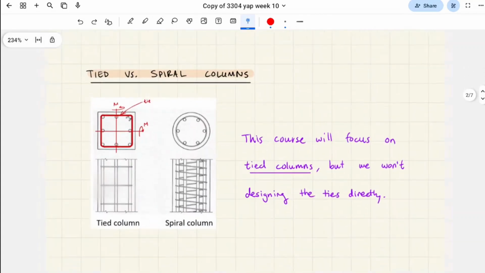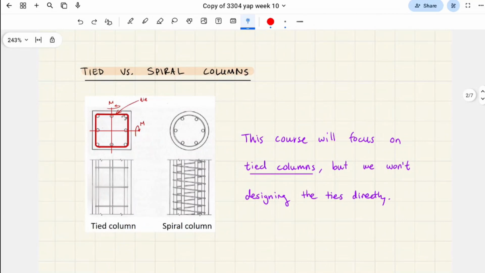All right. So we have two types of columns that we talk about in general: tied columns and spiral columns. We're going to focus on tied columns in this course. They look almost like beams, but you can imagine they're vertical, so they have these shear bars that basically prevent the column from buckling.